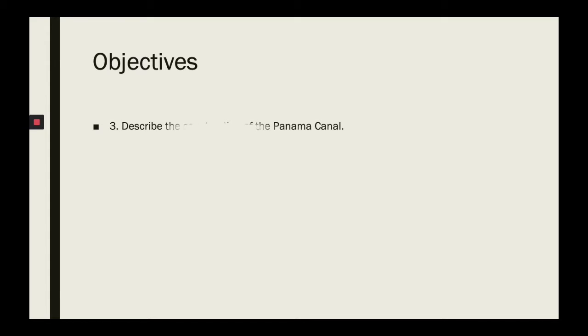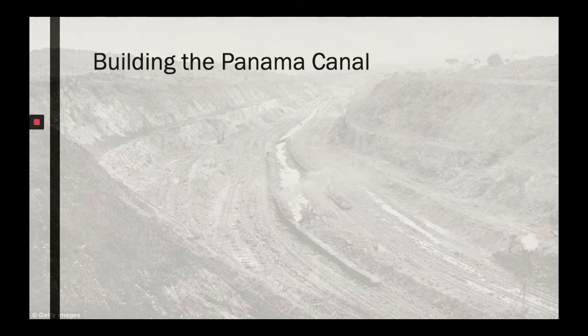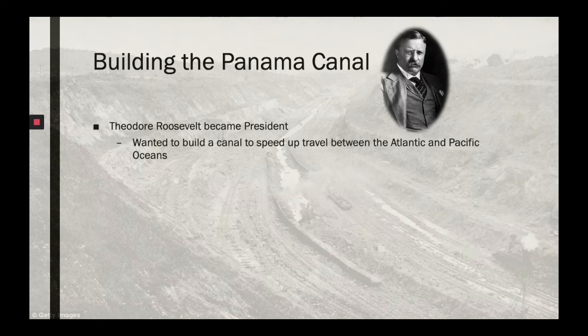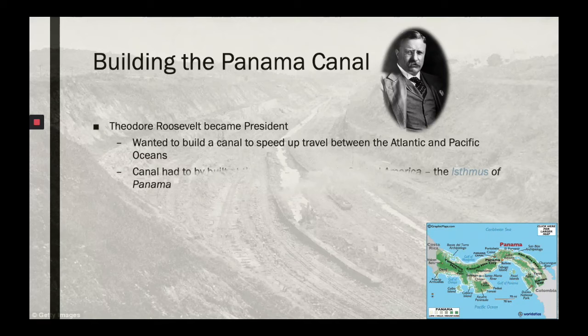So our objective for today is just to describe the construction of the Panama Canal. So Theodore Roosevelt, he becomes president after that war, and he wants to build a canal to speed up travel between Atlantic and Pacific. Here is the Panama Canal here.